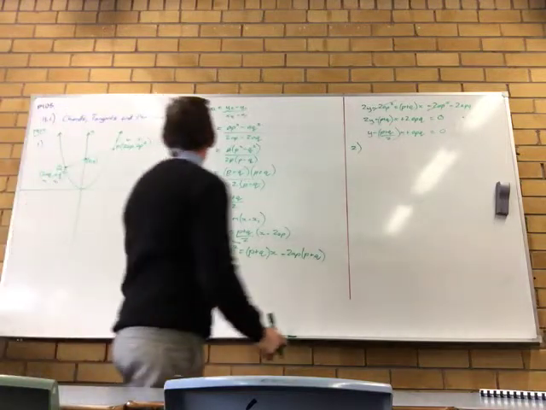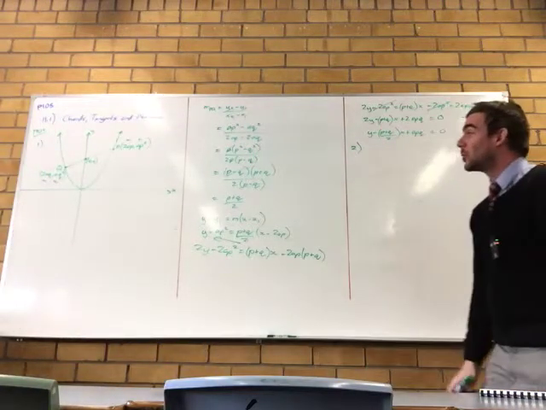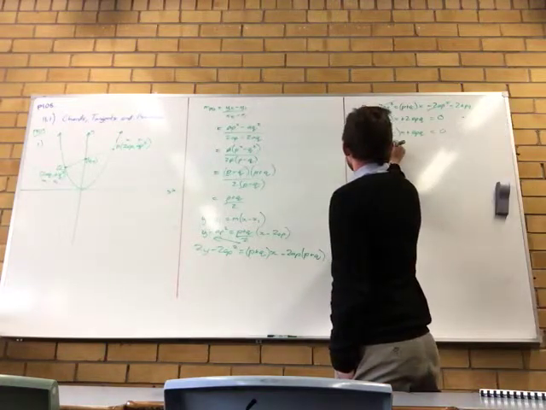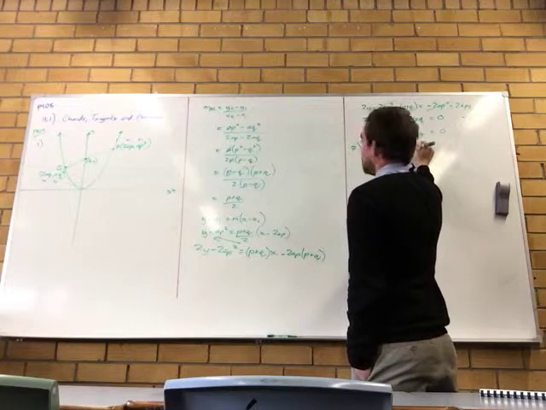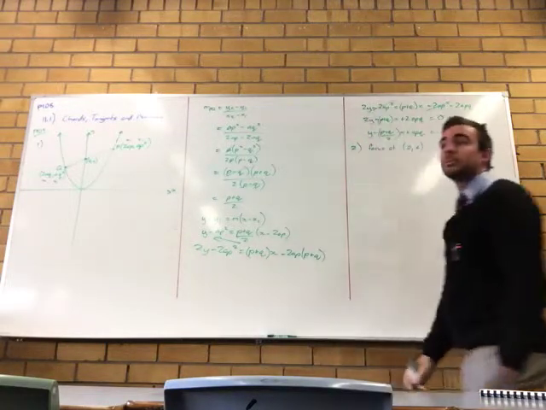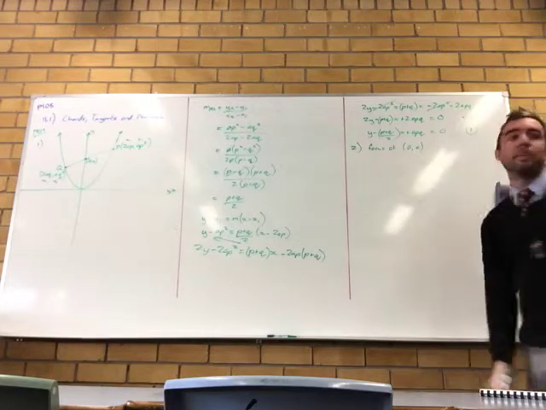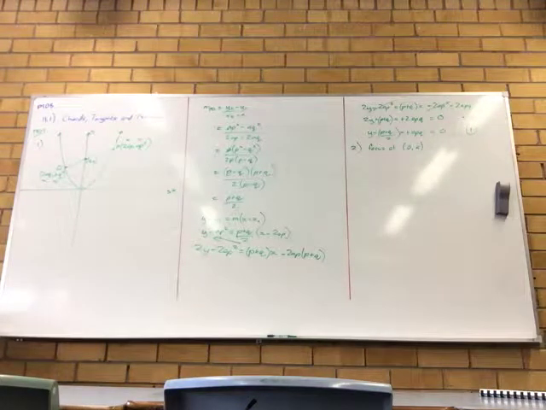So we now need to consider what happens when the chord goes through the focus. The focus is at 0, A. Now we're going to substitute that into equation 1. So we've got the chord PQ.